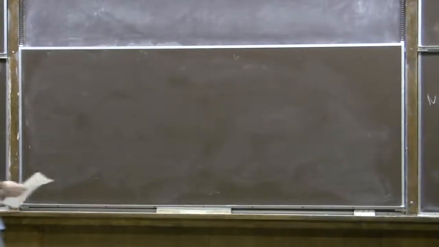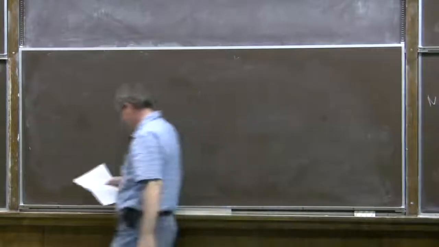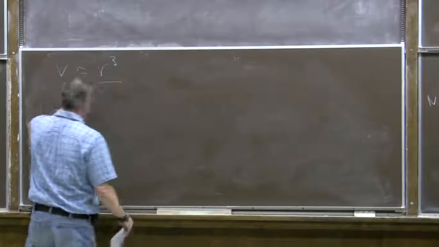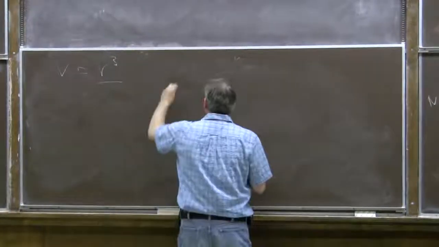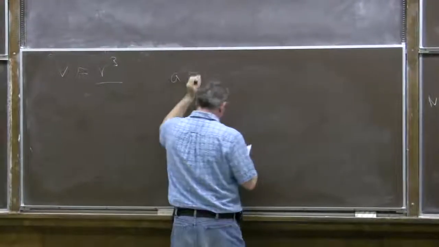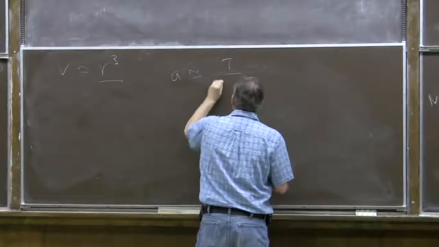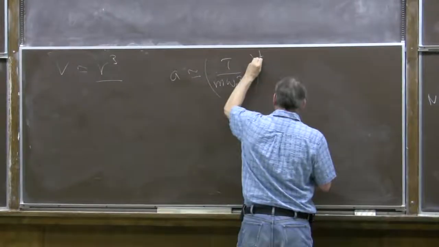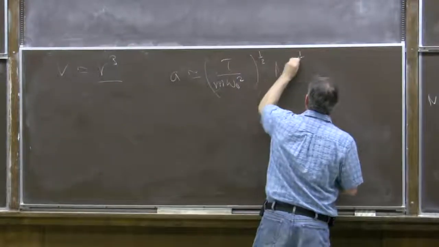Wait a minute, that's not the volume. That's the potential energy. Hold on. I see. For the volume, I'll just use r cubed. So for volume going like r cubed, A goes like tau over m omega naught squared to the 1/2 times n to the minus 1/3.